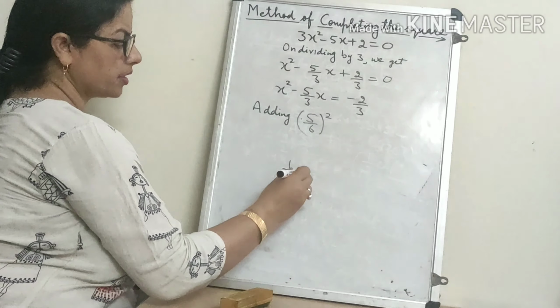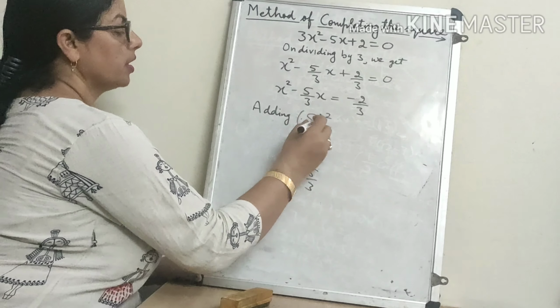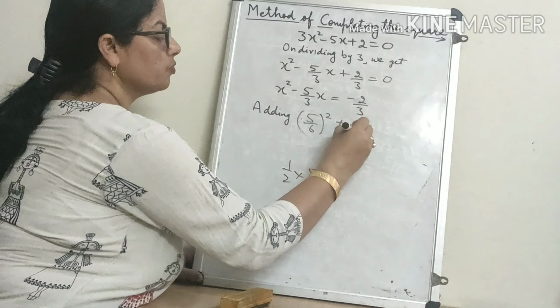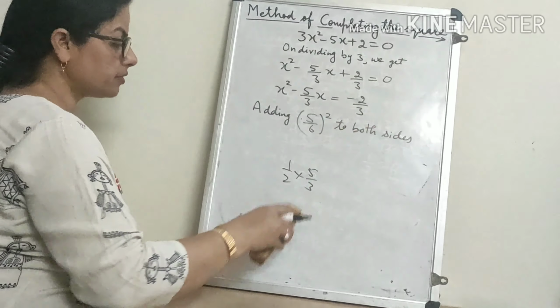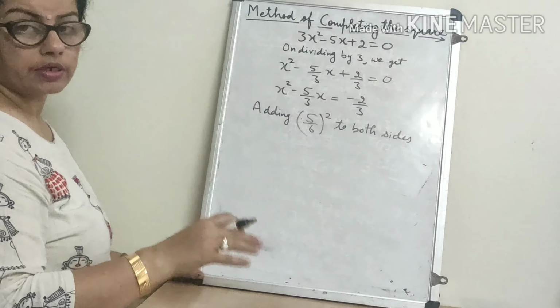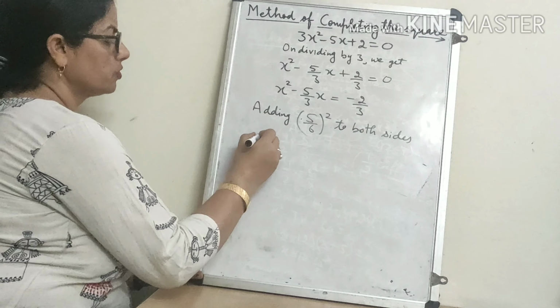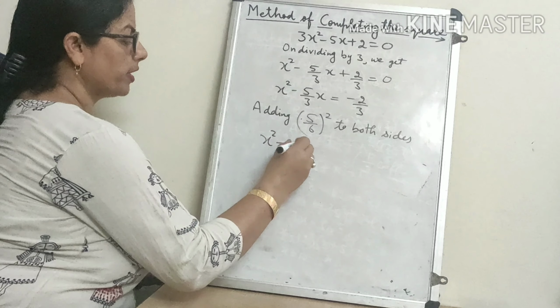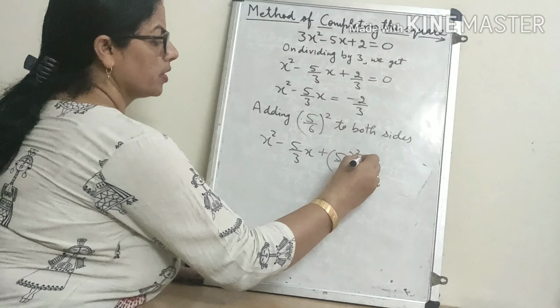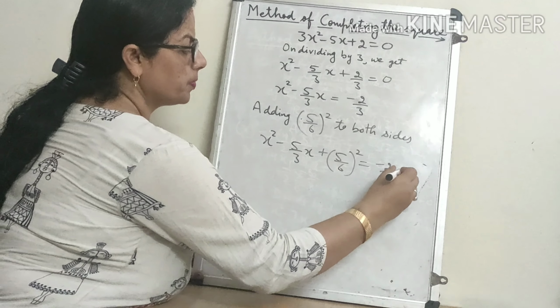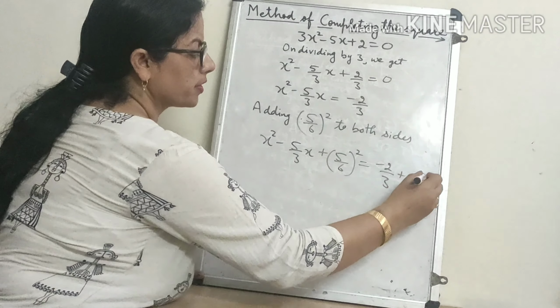Half into 5 by 3, that is 5 by 6. Adding 5 by 6 whole square to both sides, so that our left side should be a perfect square. It should be a whole square. So x square minus 5 by 3 x plus 5 by 6 whole square, and on the right also plus 5 by 6 whole square.